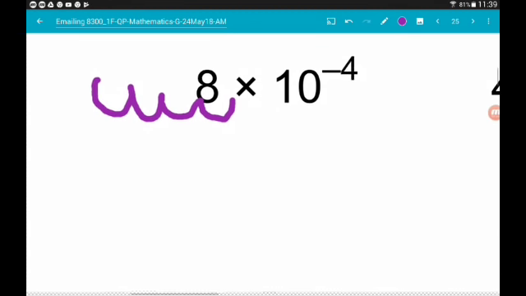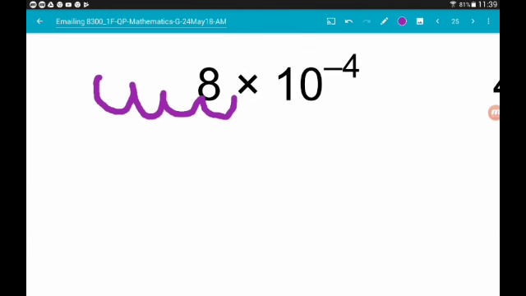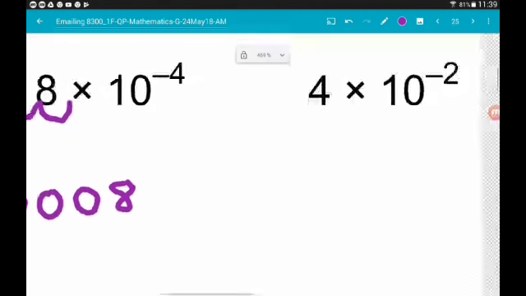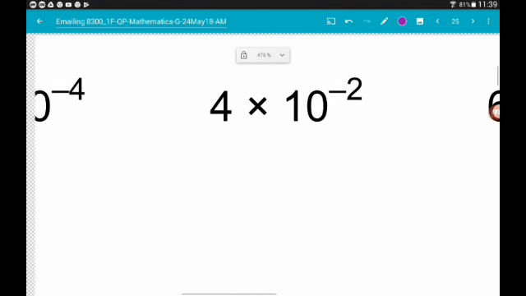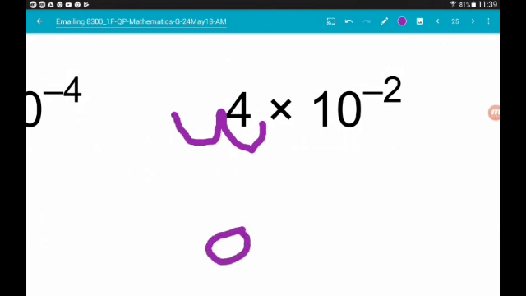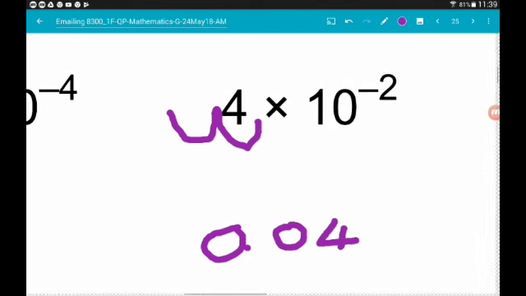So 8 times 10 to the minus 4 is 0.0008. 4 times 10 to the minus 2, well, that means the decimal goes back by 2 places. So this is 0.04.